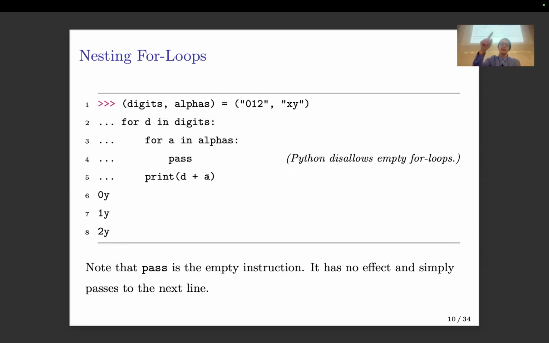And as I said, when A gets to the end of XY, it's still holding Y. So at this point, D is going to be 0 and A is going to be Y. So that's why we print 0, then Y. Then we go back to line 2. D then goes to the next member of 0, 1, 2, which is 1. This for loop gets exhausted again and ends up holding Y in A. And we print 1Y and then 2Y.